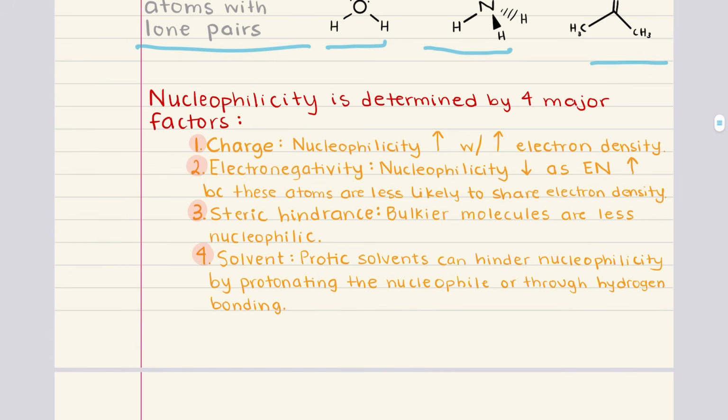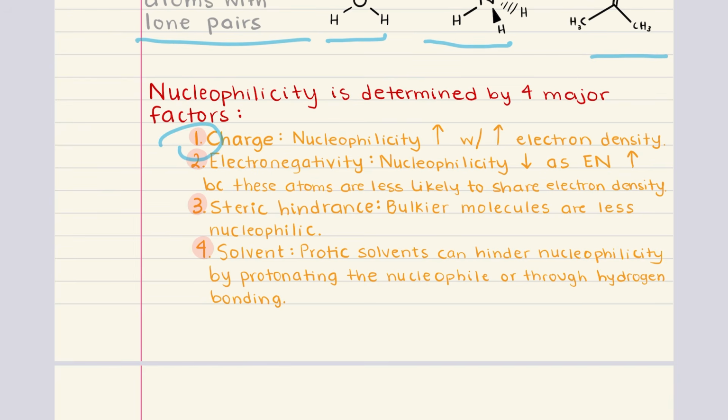The ability of a nucleophile to donate electrons depends on four major factors. First, charge plays a critical role. Nucleophilicity increases with increasing electron density, meaning negatively charged species are stronger nucleophiles than their neutral counterparts. For example, hydroxide is a stronger nucleophile than water because of its negative charge.